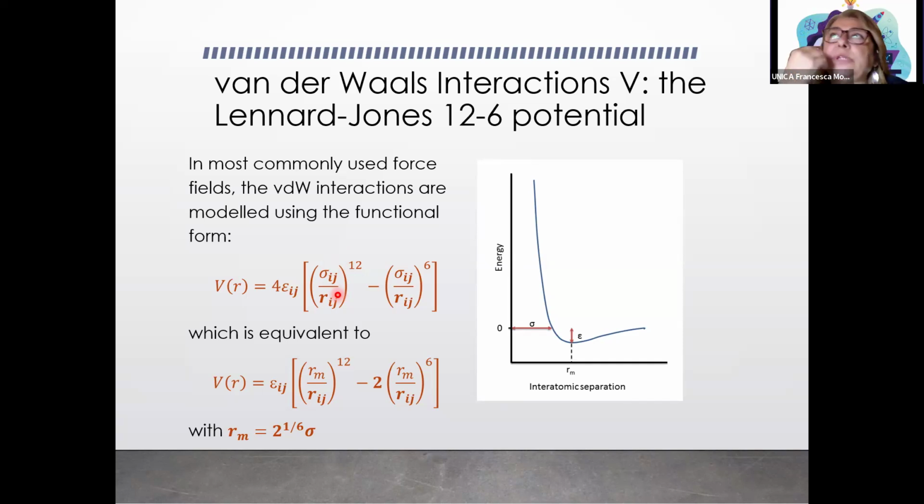If you take the value from the literature, you have to pay attention whether the values of the parameters refer to this form or to this other. So either sigma or Rm are given, with Rm being related to sigma by this expression. So even if the functional form is the same, how the parameters are inserted in it is important when you are setting up the simulation.